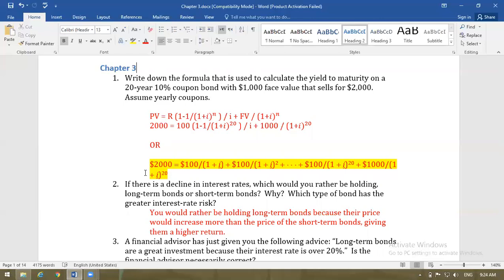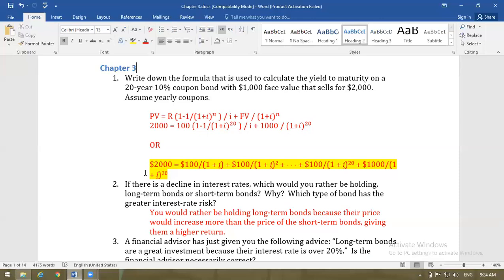Basically, this is the formula of the coupon bond.